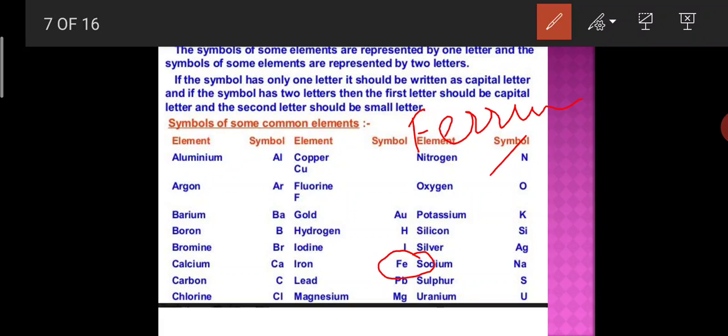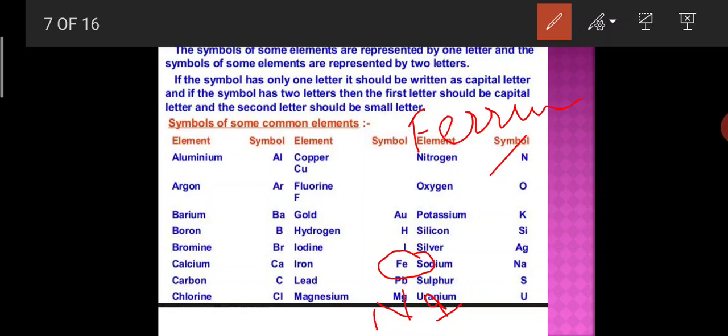You can also take the example of sodium, Na, from the Latin natrium, and potassium is capital K, from kalium. So each element has a name and a unique chemical symbol.